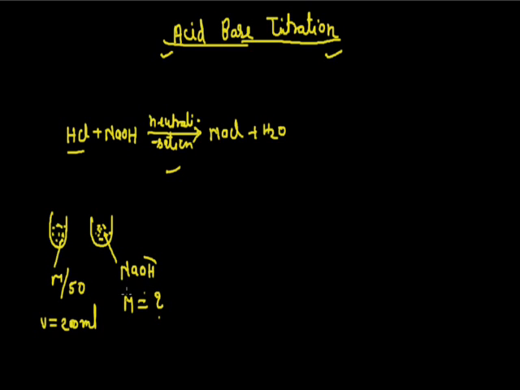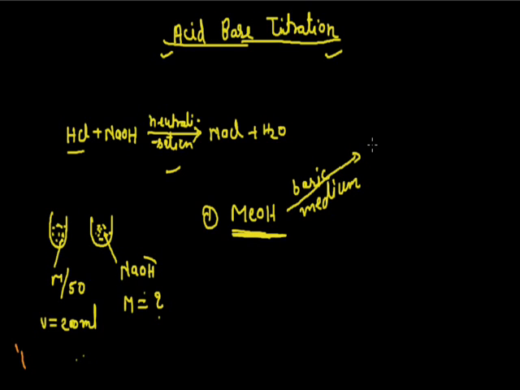In this titration we use two indicators. The first one is methyl orange. These indicators have different colors in different media. For example, if we take methyl orange in basic medium, its color becomes orange.